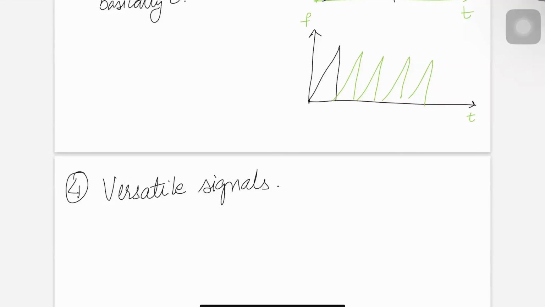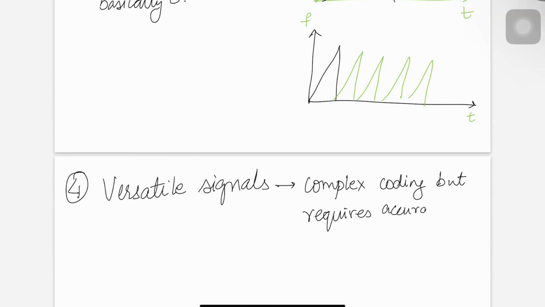The issue, however, is that for complicated transmitted signals, if you don't know them very accurately, it's hard to design the right match filter, even as a digital filter. That's why I say this is a double-edged sword. You can do complex coding schemes, but it requires accurate knowledge of the TX signal.